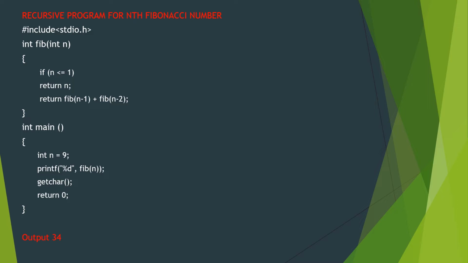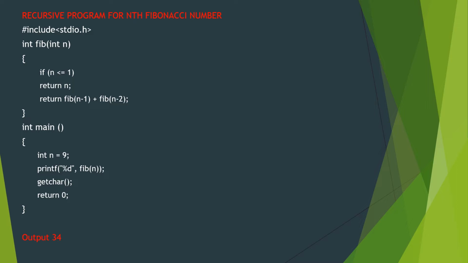Next, int fib of int n. This is one recursive function. Here we use the condition: if n is less than or equal to 1, it returns the value n.